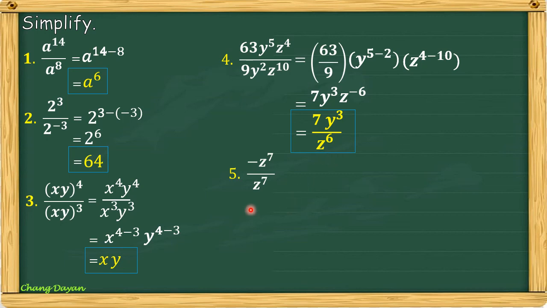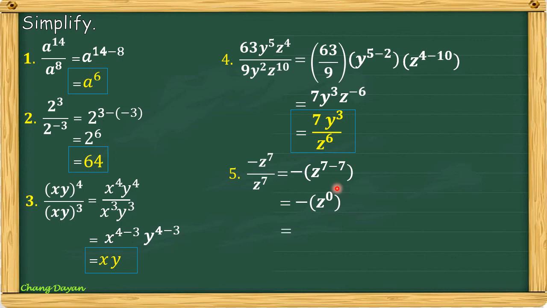Number 5, negative z raised to 7th power all over z raised to the 7th power. So, as you see, pareho naman silang z, pero negative ang nasa numerator. So, let's see. That is equal to negative z raised to 7 minus 7. So, ito yan. 7 minus 7.